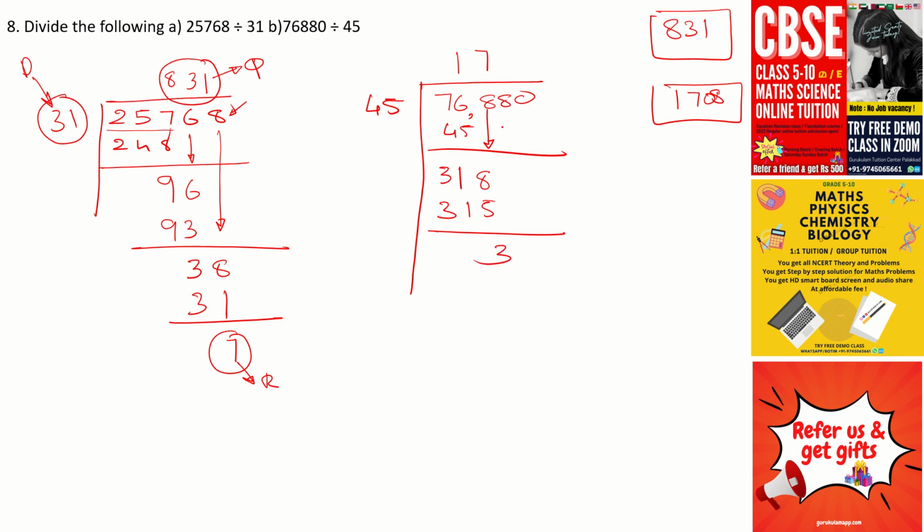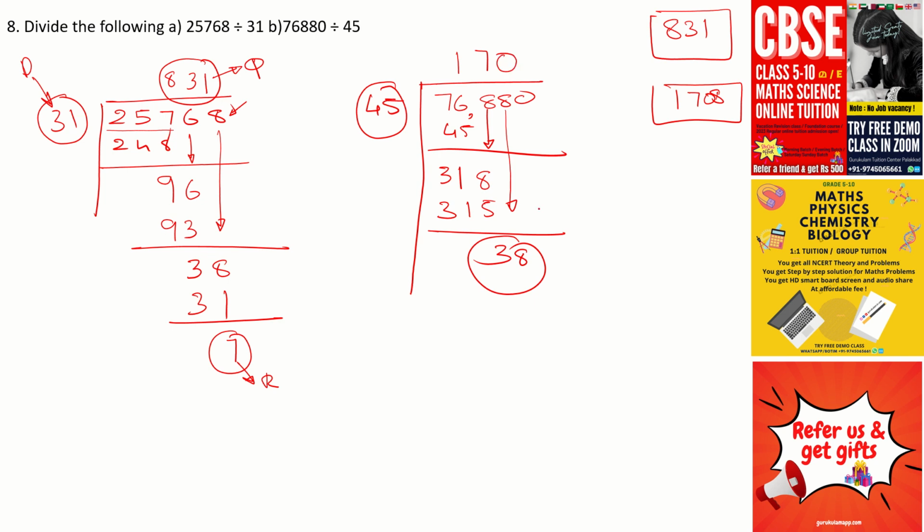Now you are going to take this 8 to here, so it is 38. Here it is 45, here it is 38. So here the dividend is smaller and the divisor is bigger. So in this case, you have to write a 0 here.